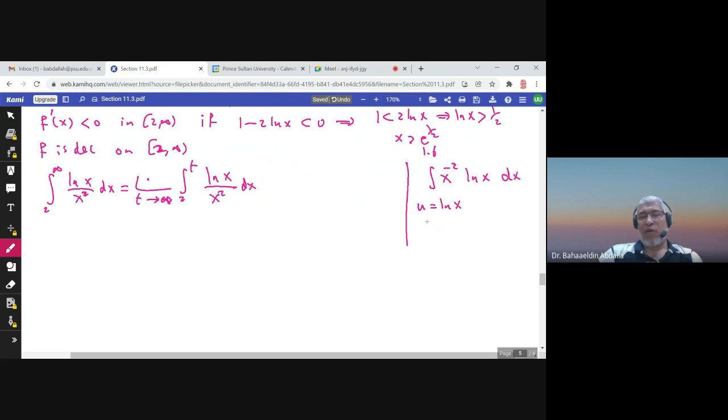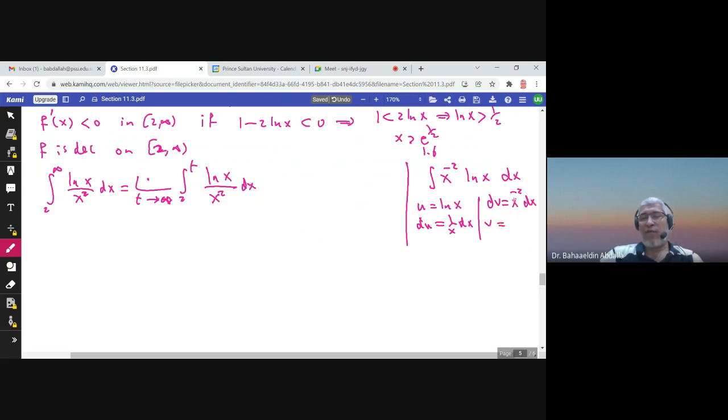We take u equals ln x, du would be 1 over x dx. For integration by parts, check section 7.1, I believe. And dv is x to the power negative 2 dx.